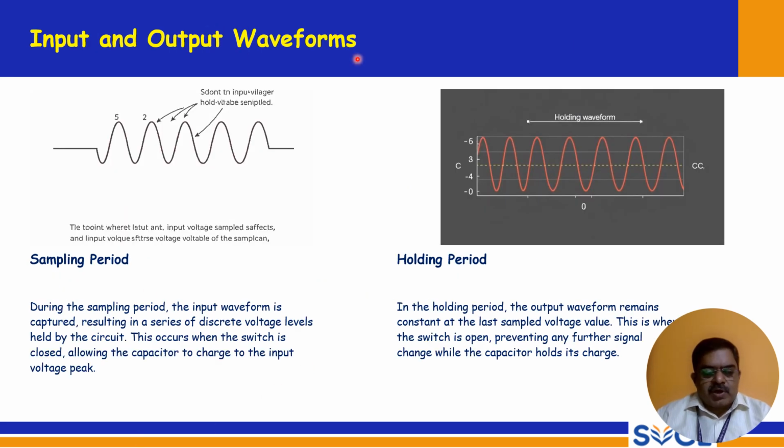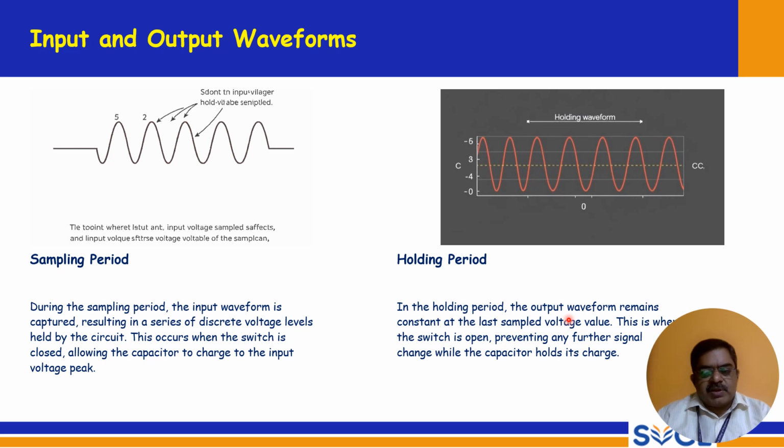So input and output waveforms. Here this is the sampling period. During the sampling period the input waveform is captured, resulting in a series of discrete voltage levels held by the circuit. This occurs when the switch is closed, allowing the capacitor to charge to the input voltage peak.